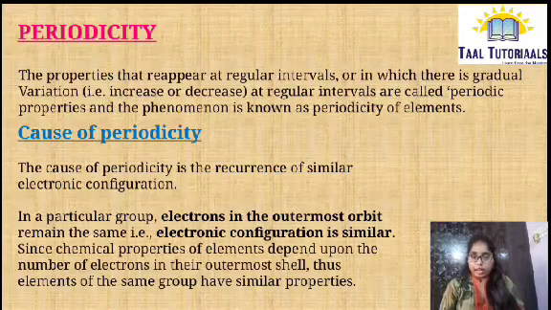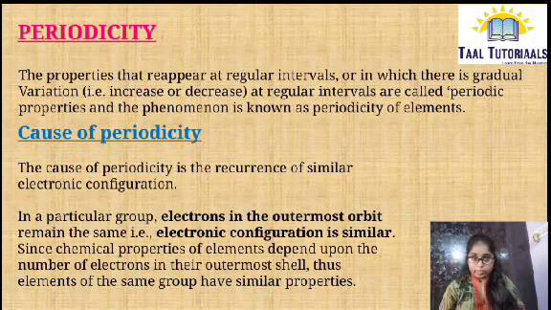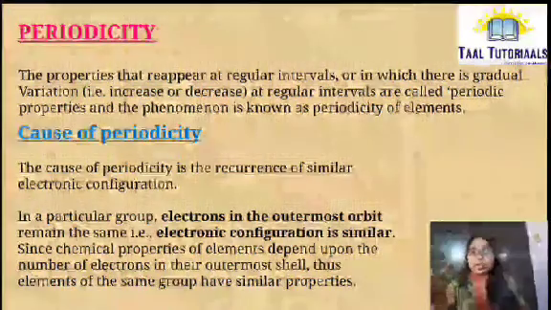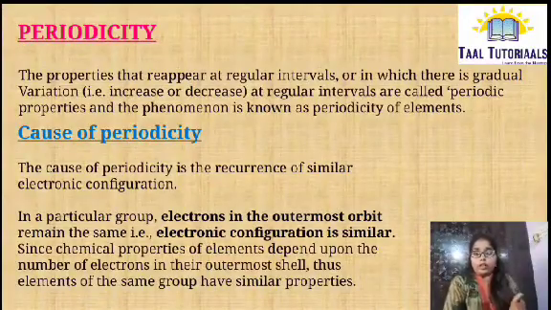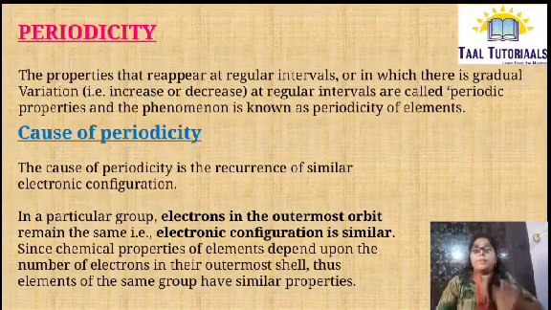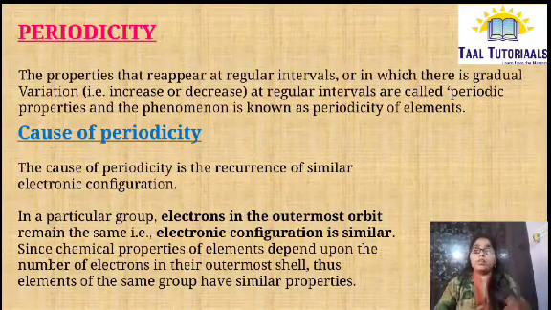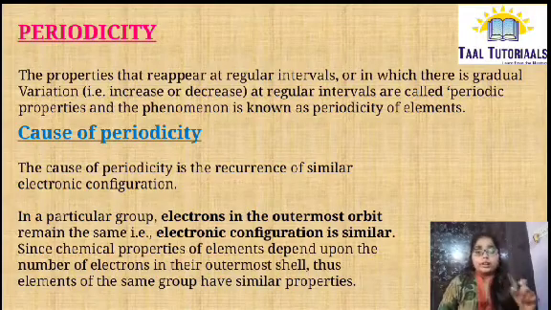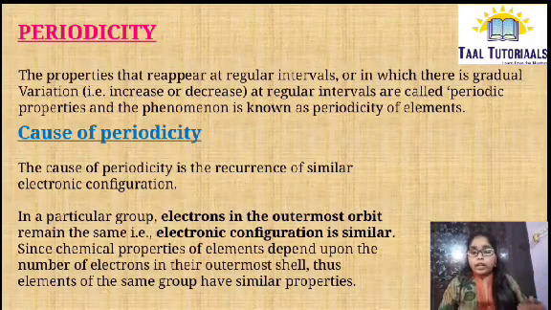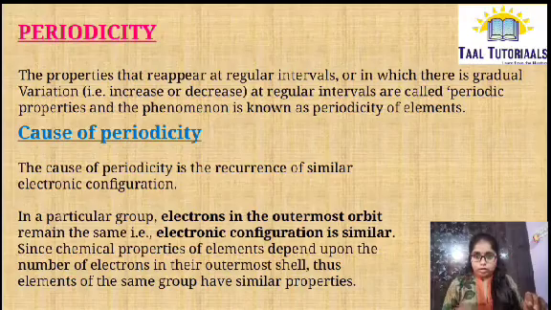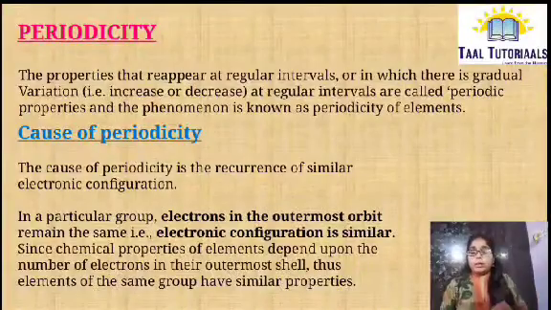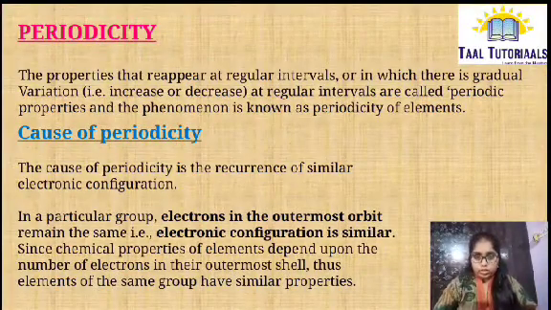The properties that reappear at regular intervals, or in which there is a gradual increase or decrease at regular intervals, are known as periodic properties. This phenomenon we call periodicity. The properties of elements should reappear at regular intervals, frequently, either by increasing or by decreasing. Actually, they are known as periodic properties, but this phenomenon we call periodicity.